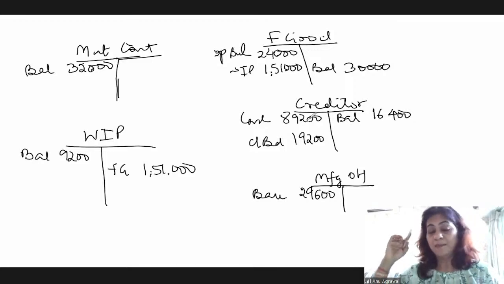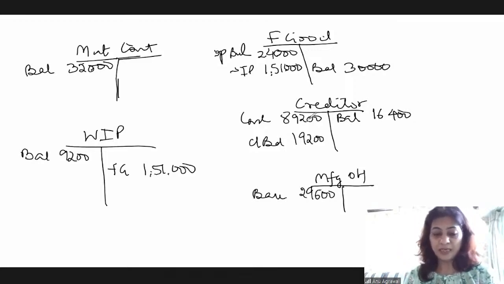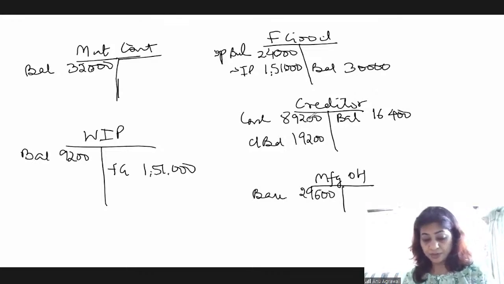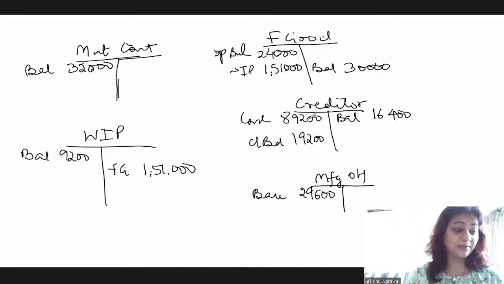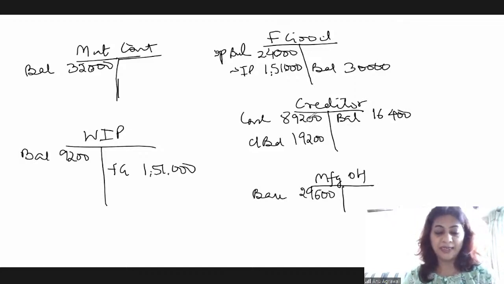Now guys, please remember, if there is no discount or anything, that means I have bought raw material of 89,200, yes or no? But let me check if there is anything else given about discount. Nothing is given. They've just given me ending inventory in WIP.